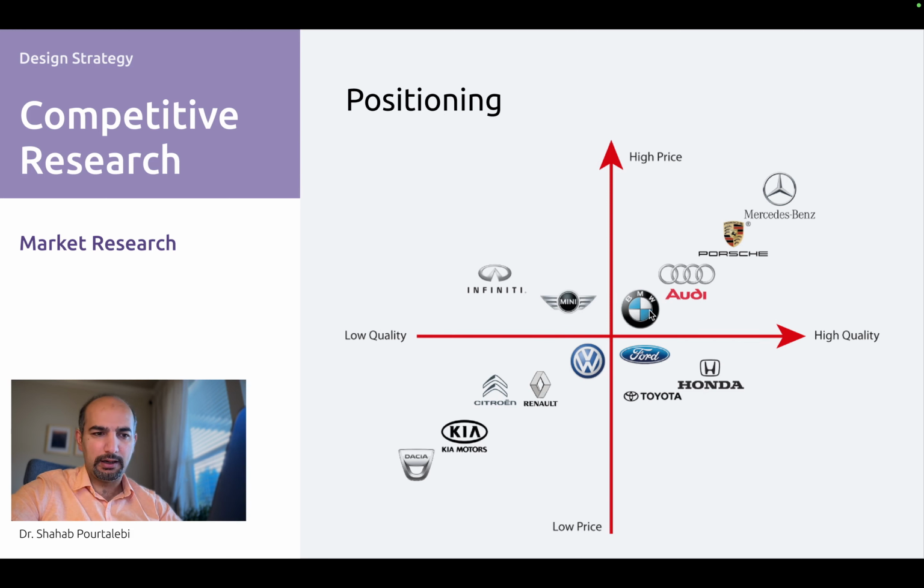But anything below that diagonal line, like Honda, Toyota, gives you higher quality and lower price. So maybe the luxury thing wouldn't be there, but the quality is high. The price is low if you compare it with the same price here with lower quality, like these French brands or German brands.